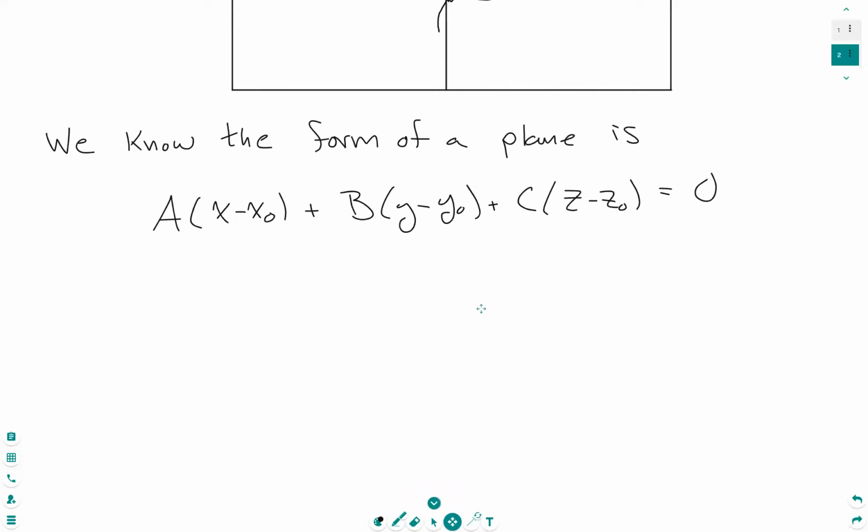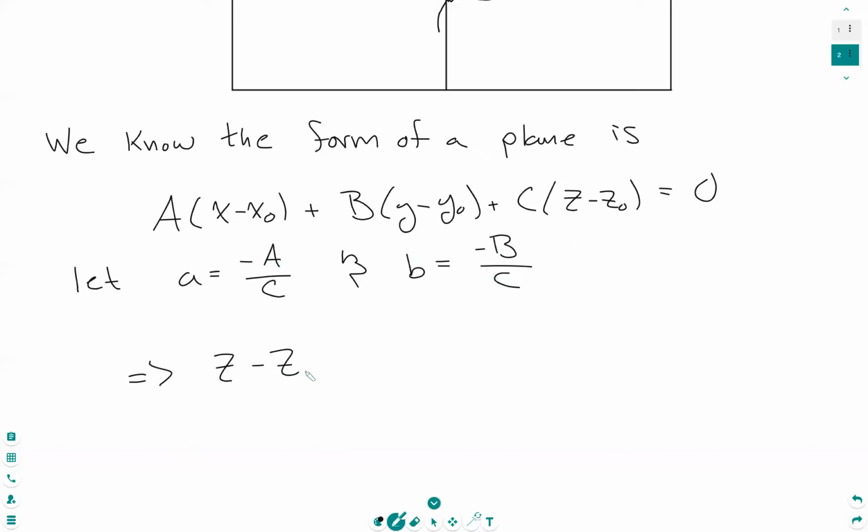Now we're going to solve for z minus z naught, so we're going to divide by C. We let lowercase a be negative A over C, and lowercase b be negative B over C. We can rearrange this and say that z minus z naught is equal to a times x minus x naught plus b times y minus y naught.